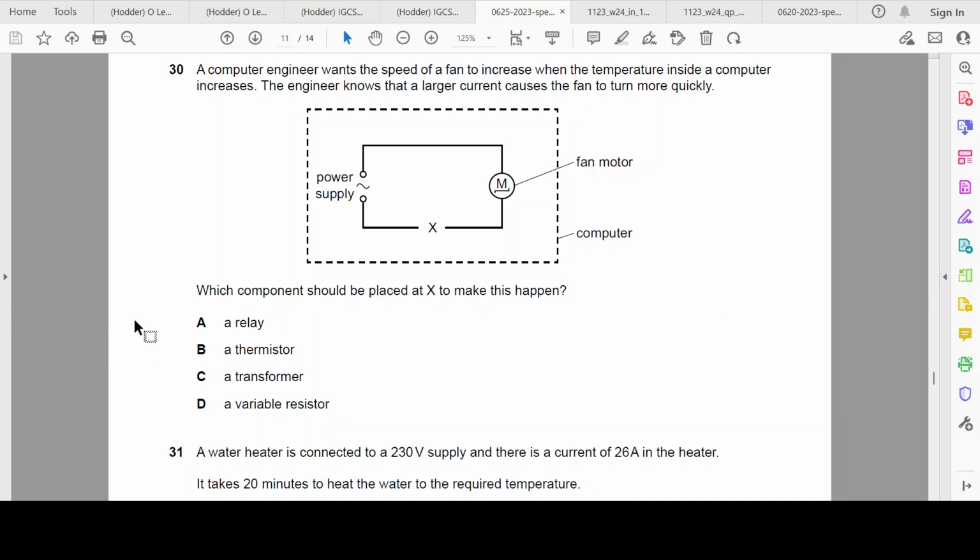If you have a PC at home, or more likely a laptop, laptops are just more common nowadays. If you ever notice the fan inside your laptop suddenly speeding up, and you feel that your laptop's hot, that is how it's working.